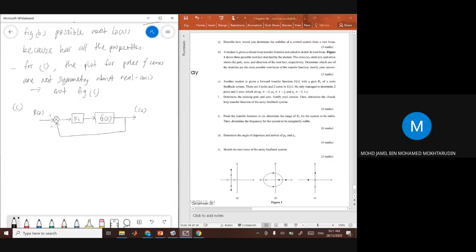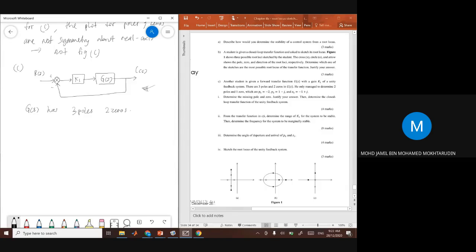So your system should have this block diagram. And then the transfer function G(s) has 3 poles, 2 zeros.